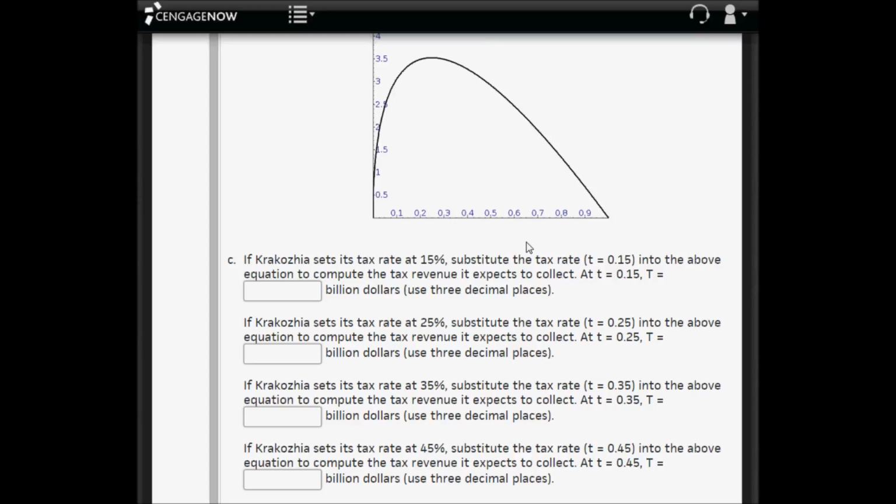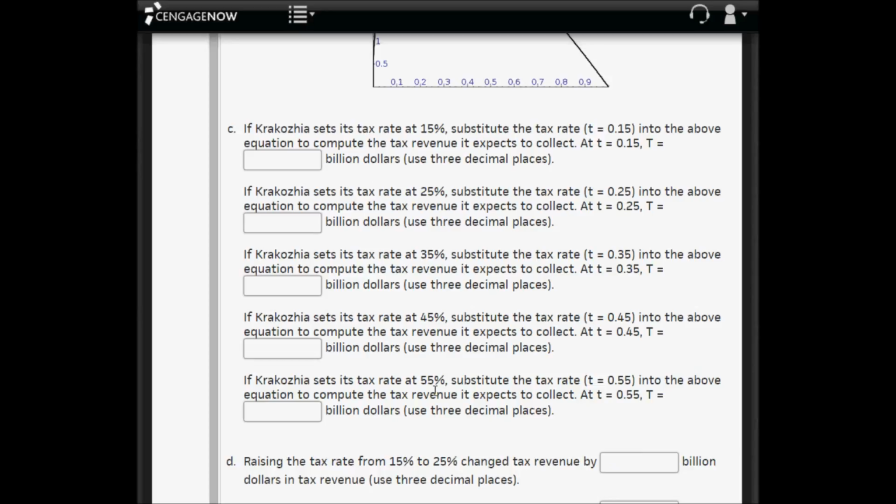In part C, using this equation, suppose Krakosia sets a tax rate of 15%. We're going to substitute 0.15 into the above equation to compute the tax revenue it expects to collect. And then we'll do that for 25%, 35%, 45%, and 55%.